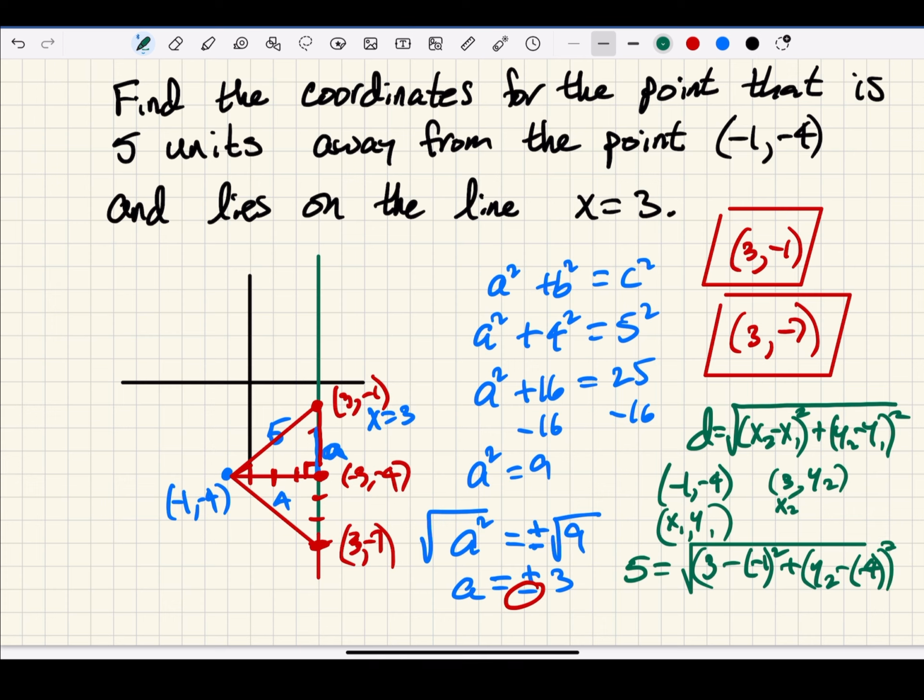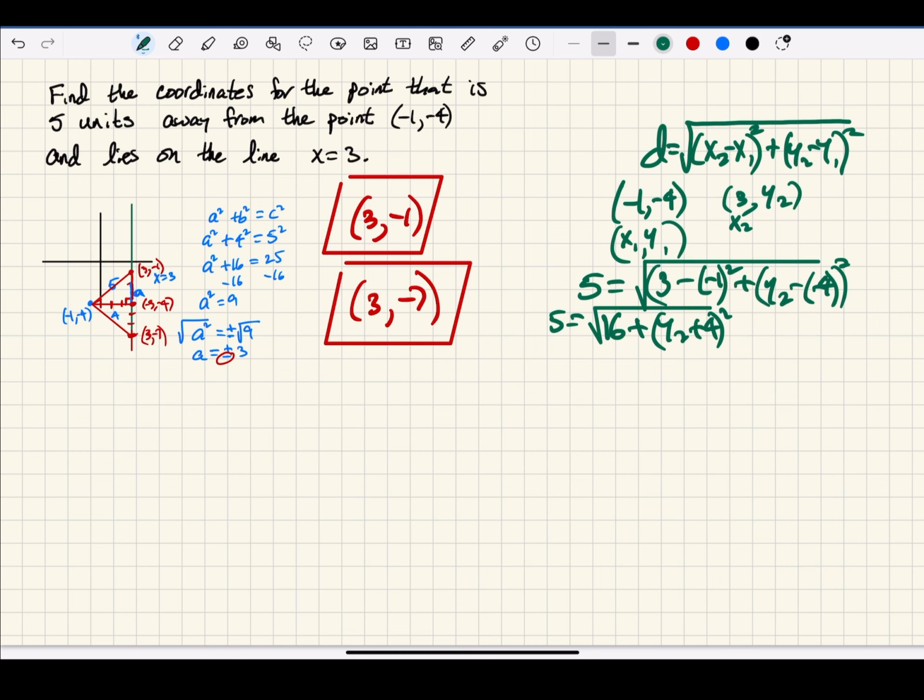squared. So 5 would be equal to the square root of, this would be 3 plus 1, that would be 4 squared, that's 16, plus y2 plus 4 squared. Then we could finish solving this out by squaring both sides.